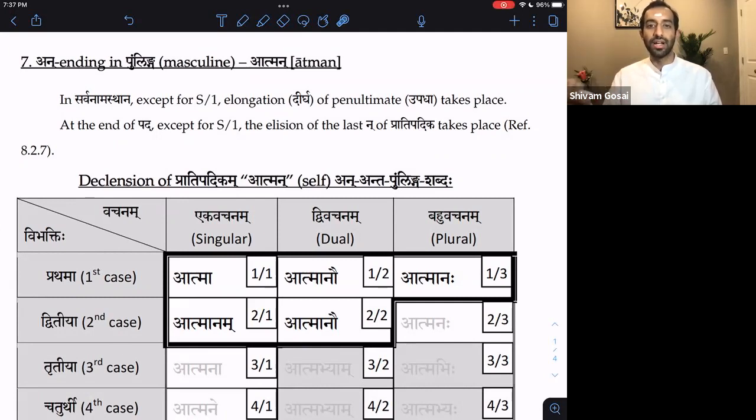So in versus un. We can't just say nakaranta, na ending, because there are multiple different nas. So we have to use the 2 last letters when we're talking about the pratipadika. Okay, here we're talking about punlinga. This is important. So Atman is a punlinga shabda.